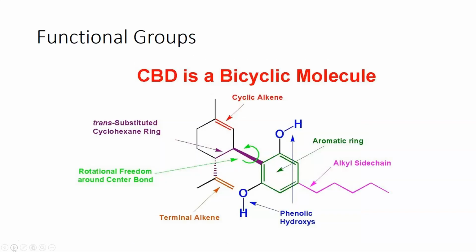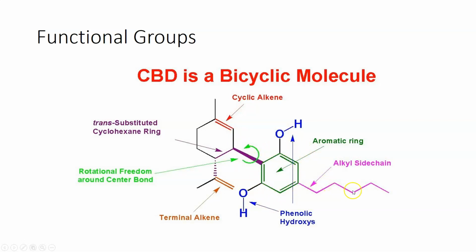First, let's talk about functional groups, because the functional groups in a cannabinoid is actually what drives the organic synthesis. So in CBD, we actually have two six-membered rings. We have this six-membered ring that contains the cyclic alkene as a functional group, and then we have another ring which is the aromatic ring.